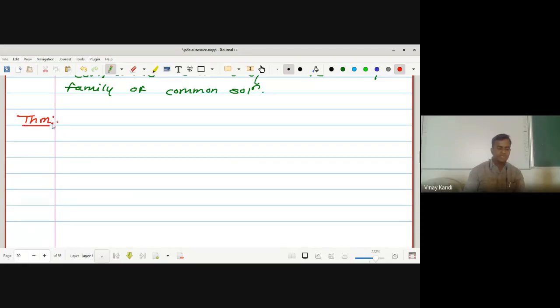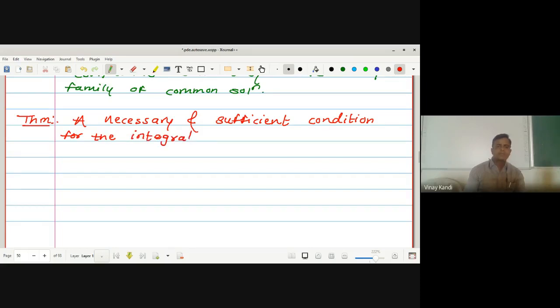The necessary and sufficient condition for the integrability of dz is equal to phi of x, y, z dx plus psi of x, y, z dy.